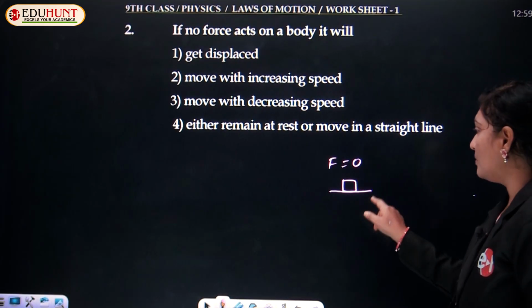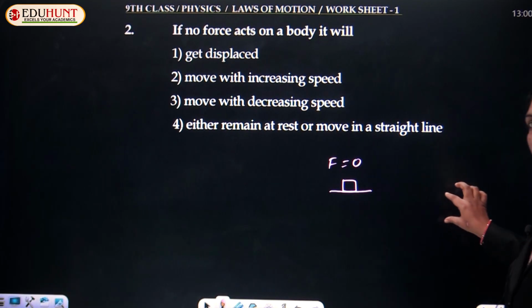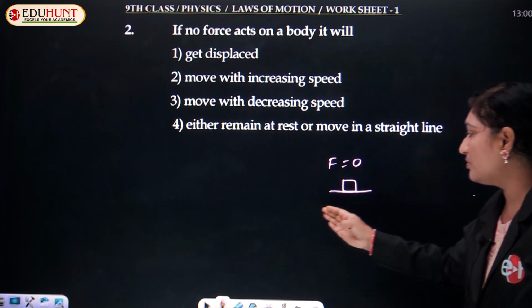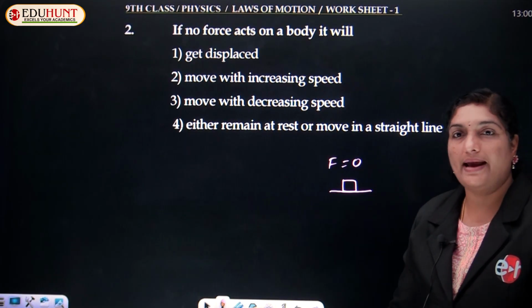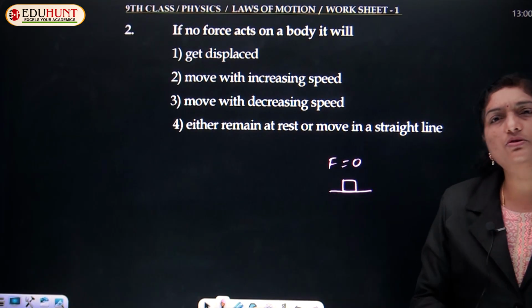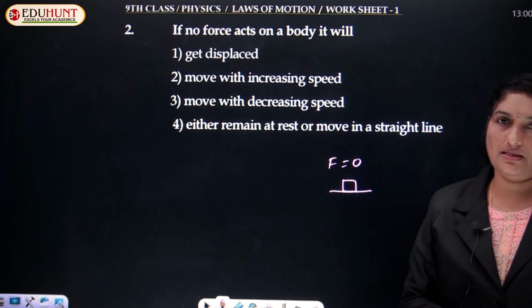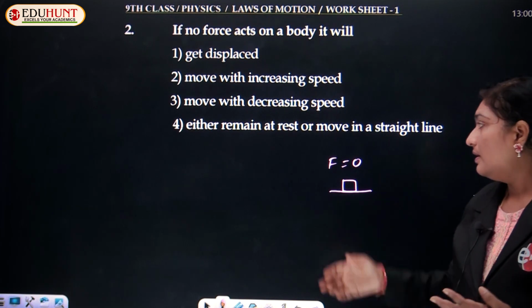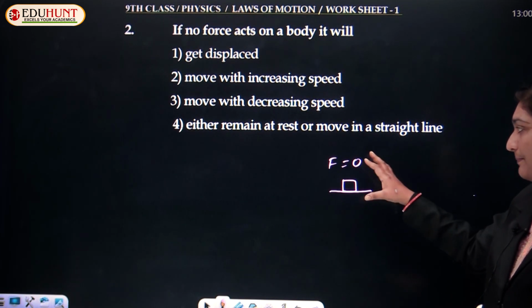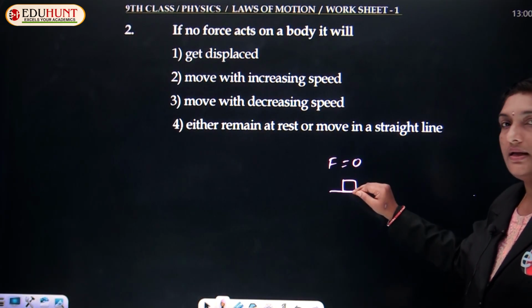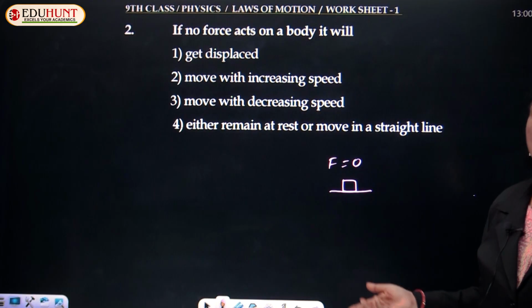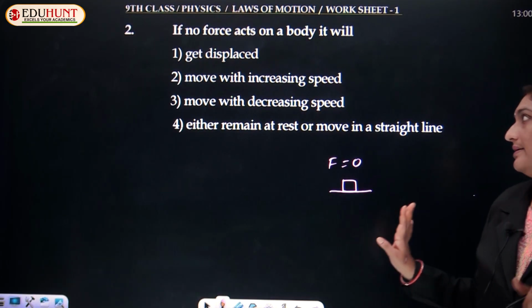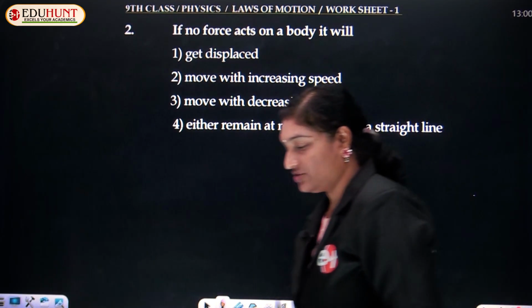And suppose the body is in motion, moving with some uniform velocity and no external force is applied on it, the body continues to move with that uniform velocity. So, if no force is applied, the rest body will be at rest and the moving body will be in the moving condition. So, what happens? Let us check it out.